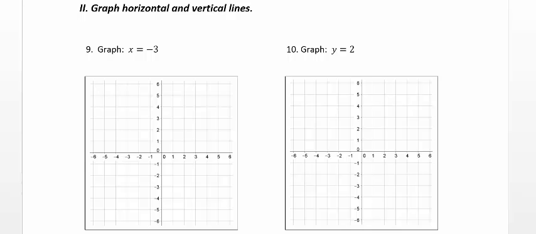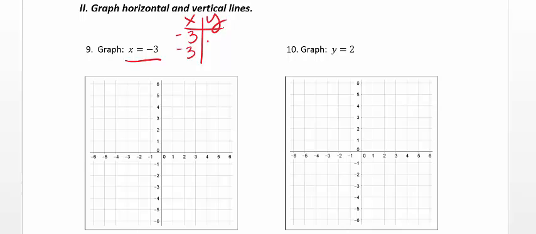Now we're going to graph horizontal and vertical lines. We want to graph the line x equals -3. Well, if I make a little quick t-chart and we find values for x and y in our chart, we know that x is always equal to -3 no matter what. So if I put in a -3 in place of x, y can be any value because x is always going to equal -3.